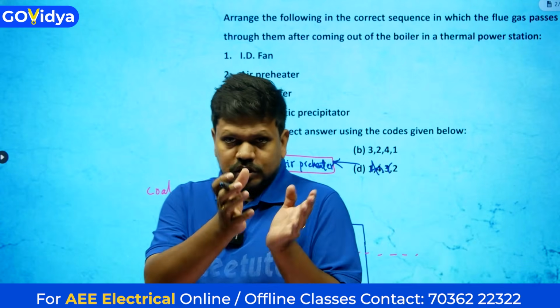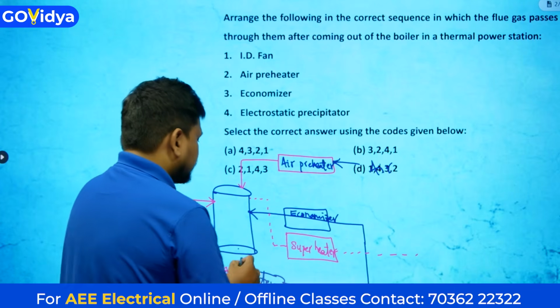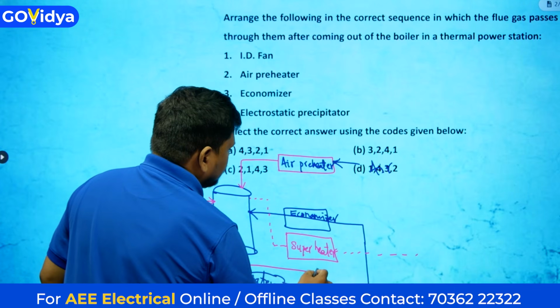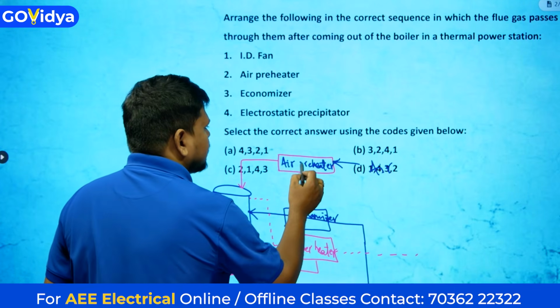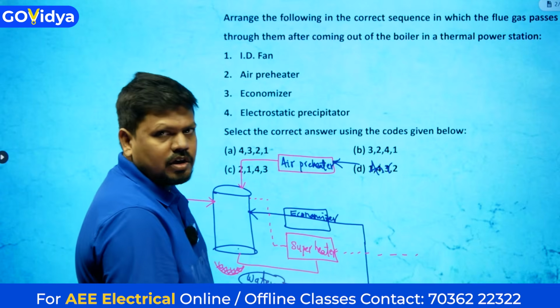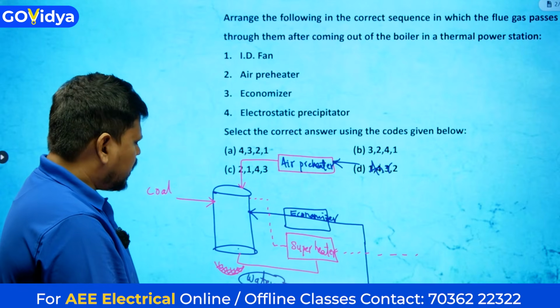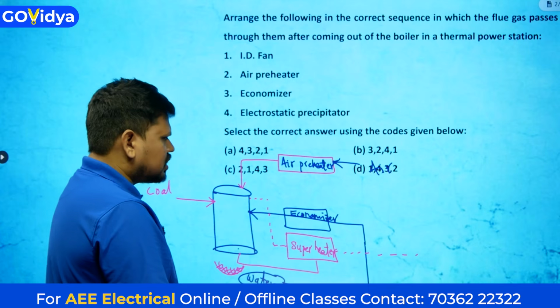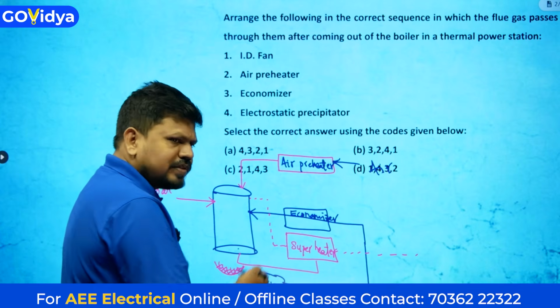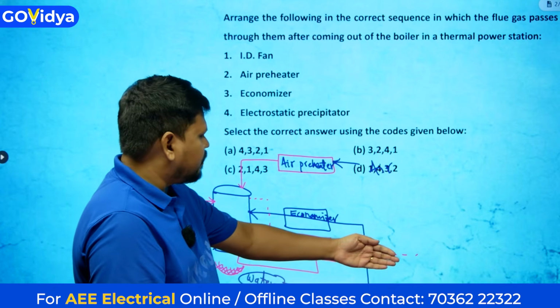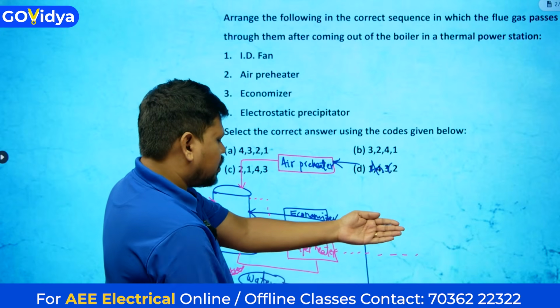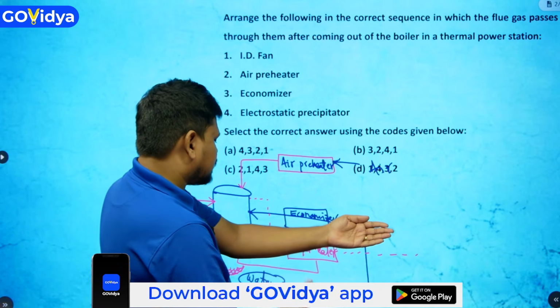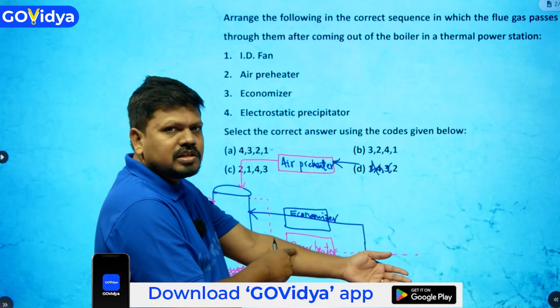Those things we have to collect and send through pipes, through the superheater, economizer, air preheater, and then some other components. Why are we sending these flue gases into these things? We are not mixing them with the steam. The steam pipe will be like this, and the flue gases will come like this and increase its temperature.